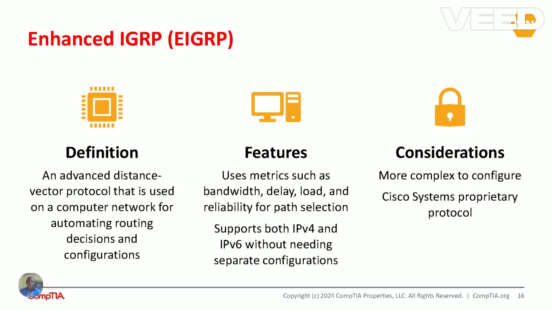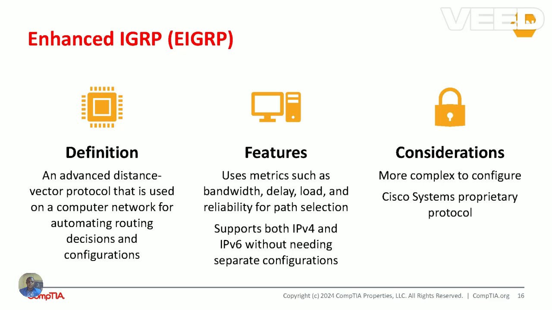Let us move to another type. We have the Enhanced Interior Gateway Routing Protocol. First, the definition: an advanced distance vector protocol used on a computer network for automating routing decisions and configuration.